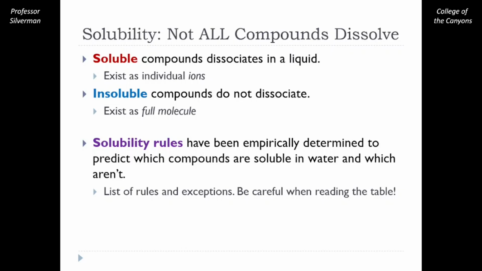We're going to introduce a set of rules to decide whether we expect something to be soluble or insoluble. This is a good set of rules of thumb to describe whether something will dissolve or not, at least based on whatever ions are present.